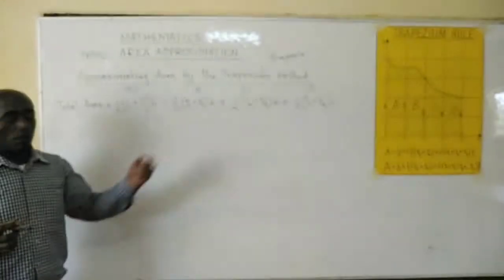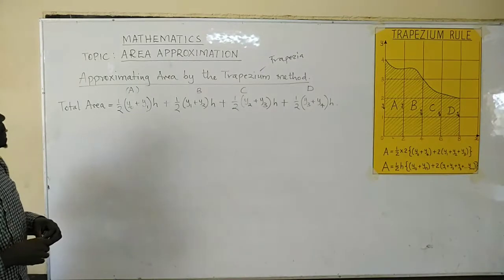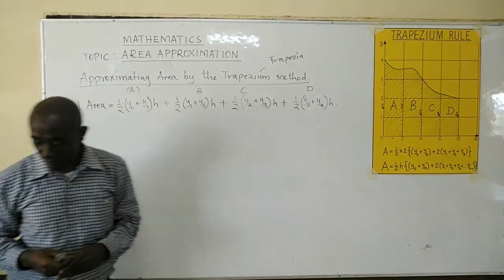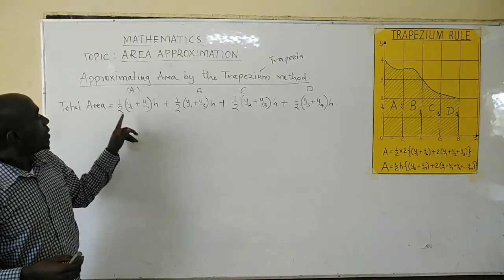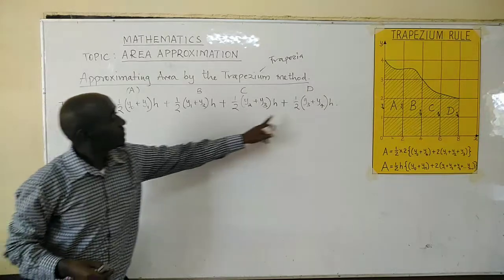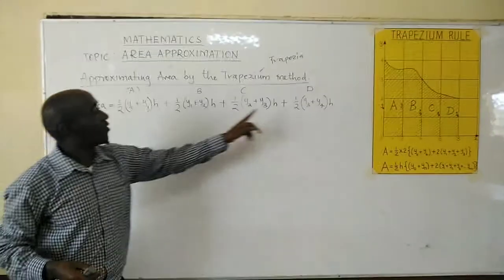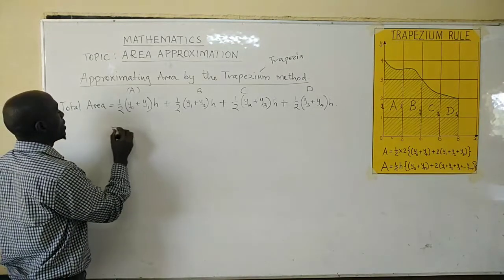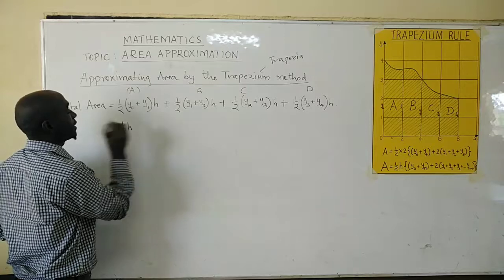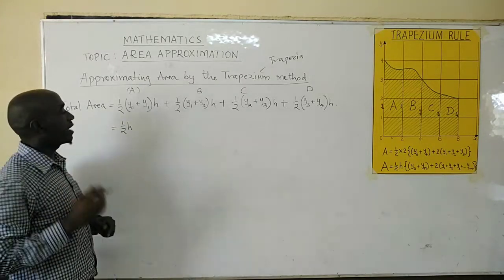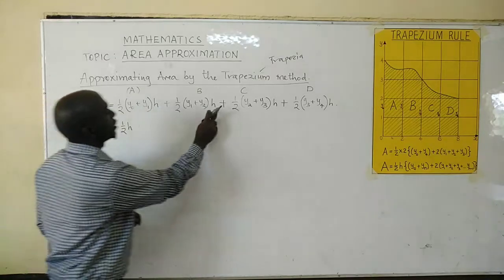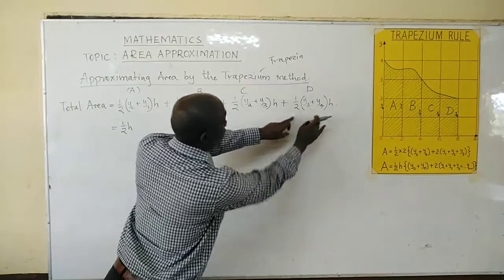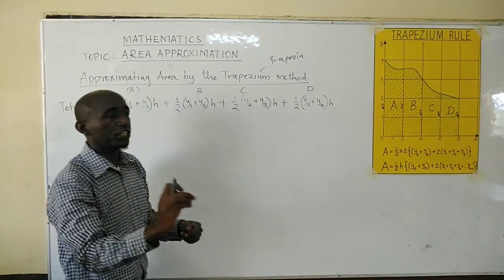I want us to observe keenly what we are going to do here. If you look at this sum, a half is common. H is also common. So what we are going to do is factor out a half h. Listen carefully, we are factoring a half h, because in every term, this is a term, this is another term, the third term, the fourth term, we have a half h, a half and h.